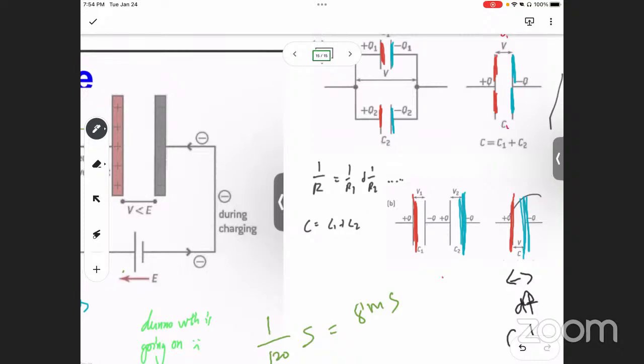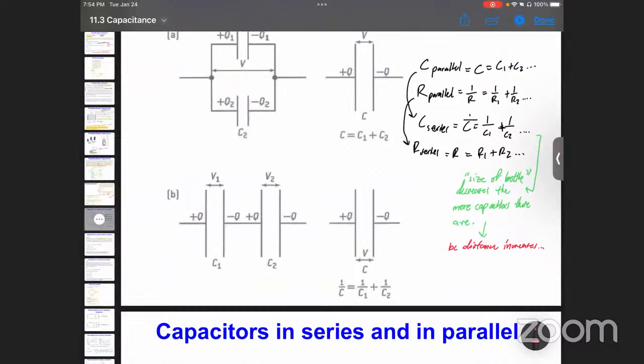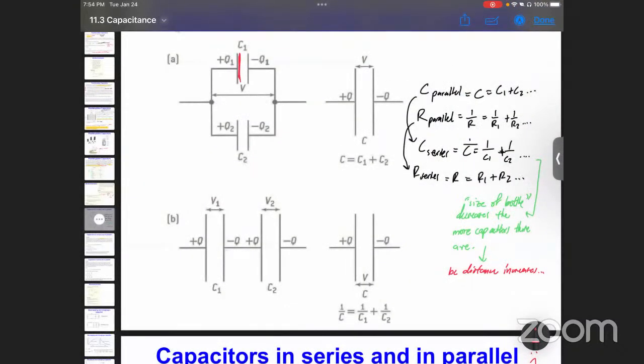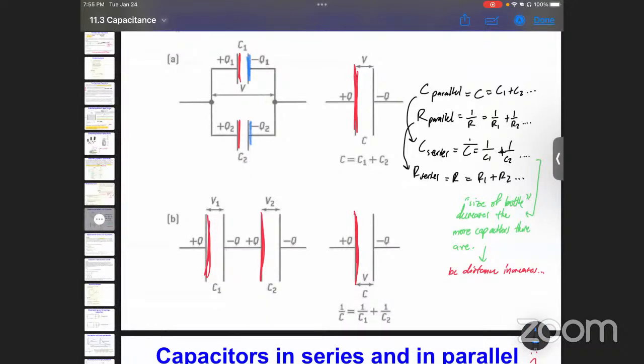Then why don't you write something like this in your PDF, and then we'll move on. All right.